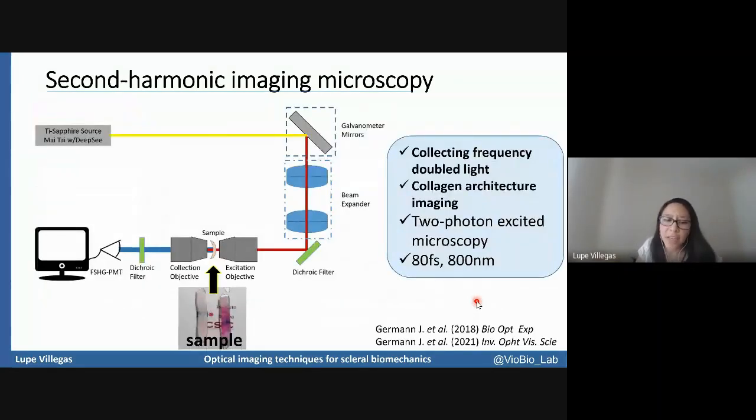So we do that in the sclera. The second-harmonic generation images are obtained by collecting frequency-doubled light generated by focusing an intense coherent light into a tissue. We go deeper, and we can also collect light backward and forward.